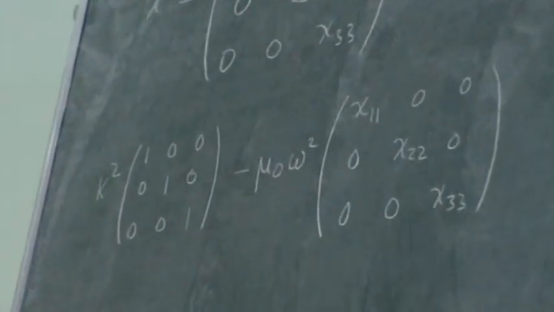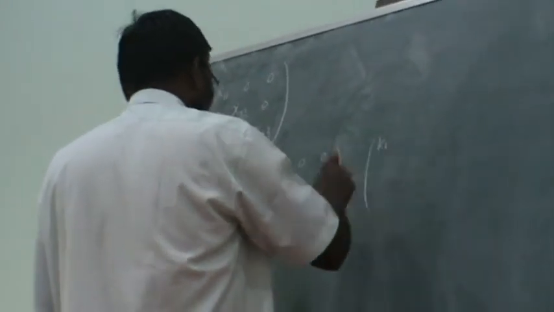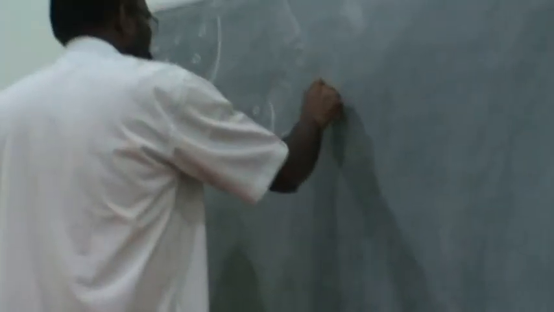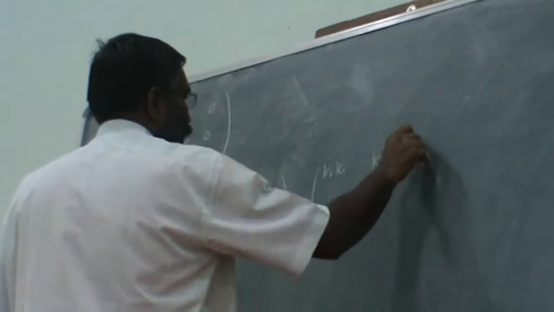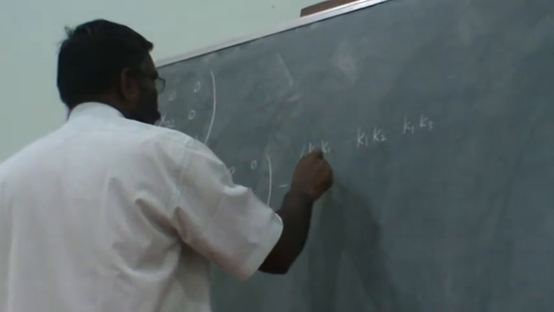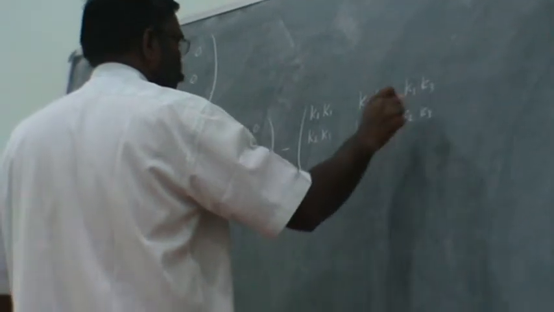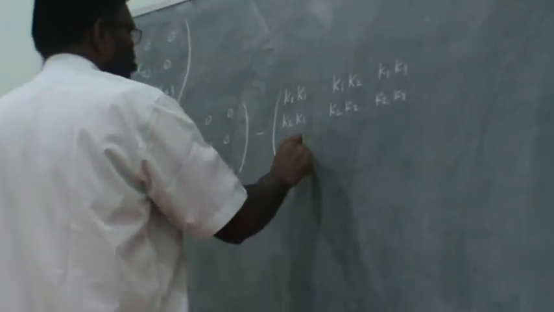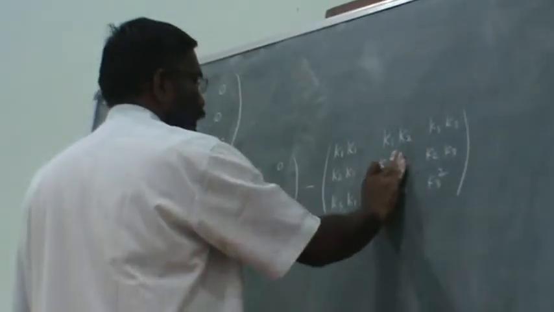And finally, we have minus, I write the full matrix: K1 K1, K1 K2, K1 K3, K2 K1, K2 K2, K2 K3, K3 K1, and so on, K3 K3.